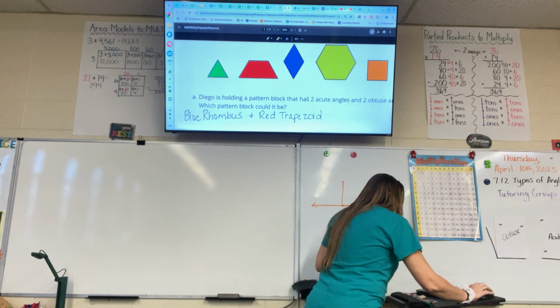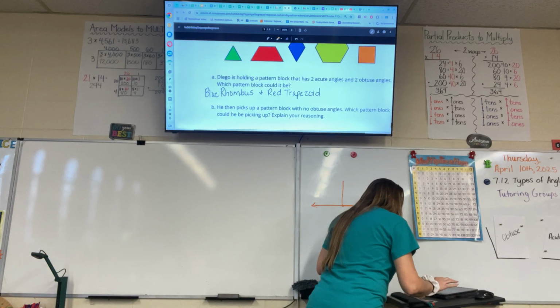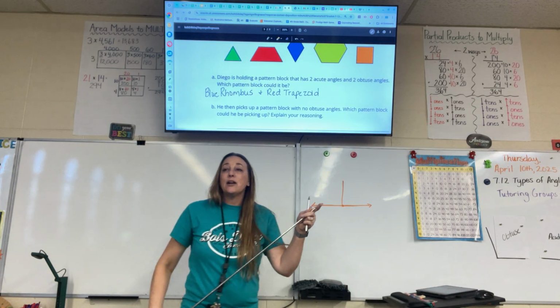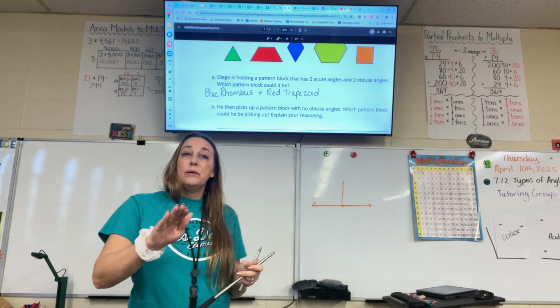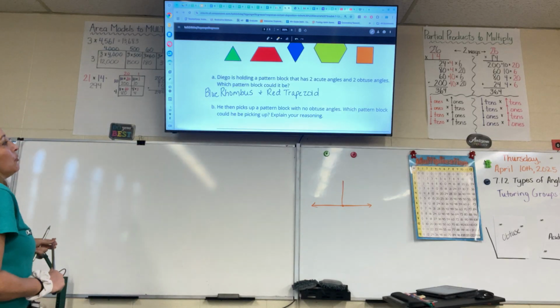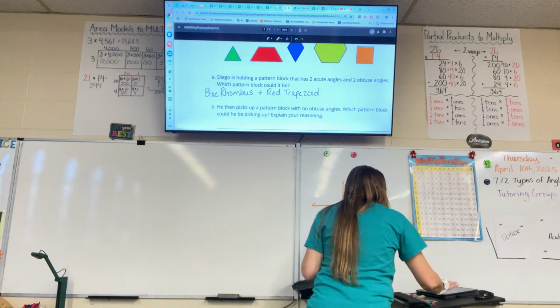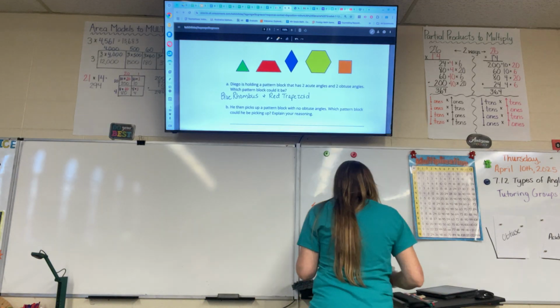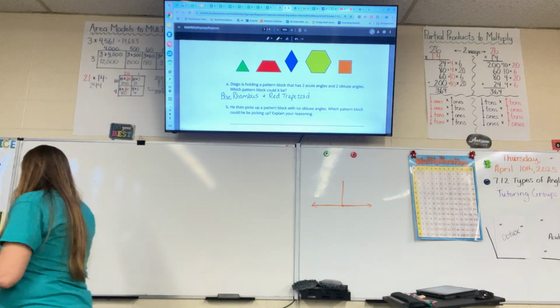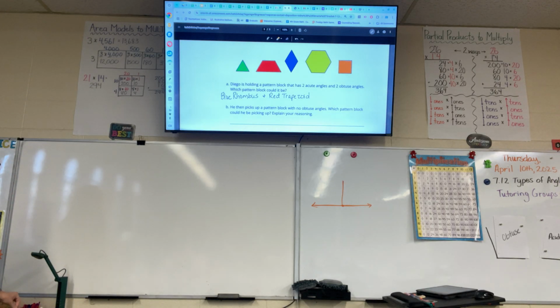Okay, next it says he then picks up a pattern block that has no obtuse angles. Which pattern block could he be picking up? So he's got one in his hand that has 0 obtuse angles. If you don't know the shape, you can always also say the color. Athena? The orange square.